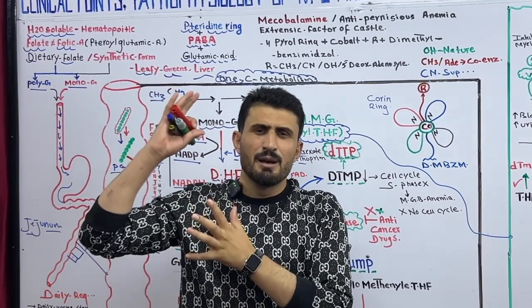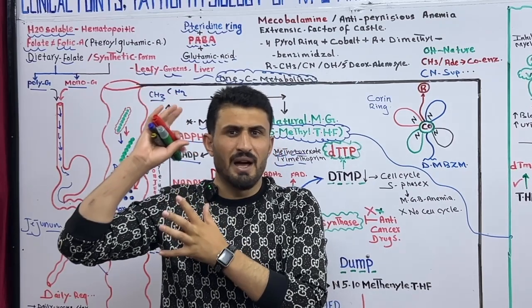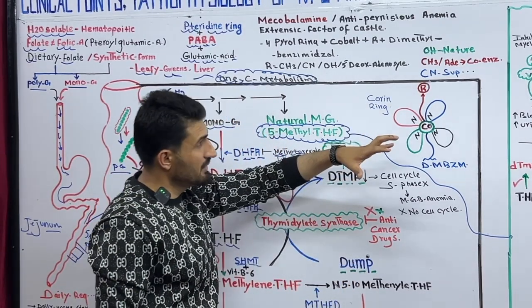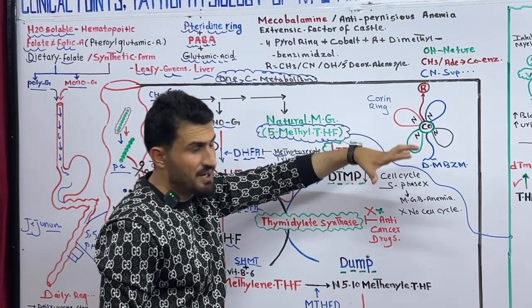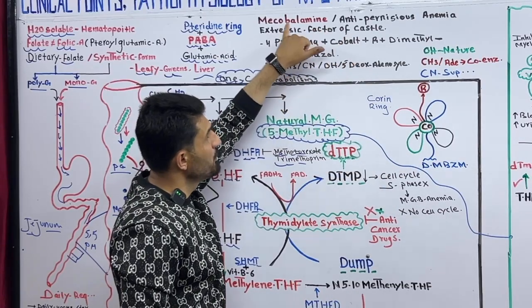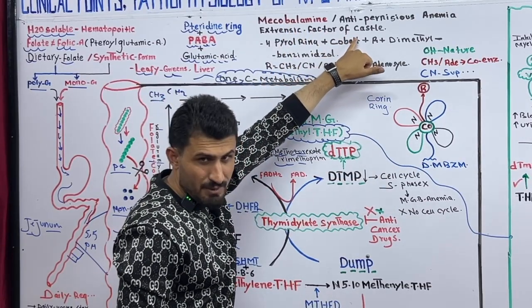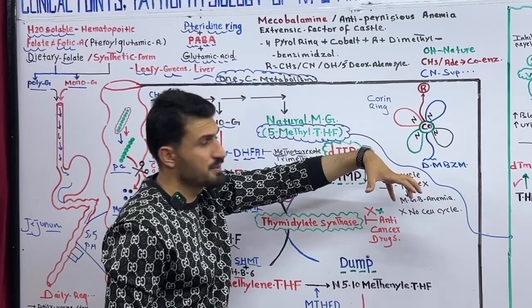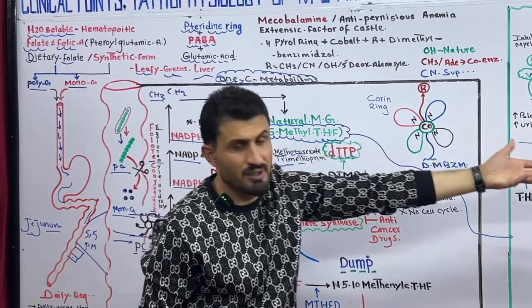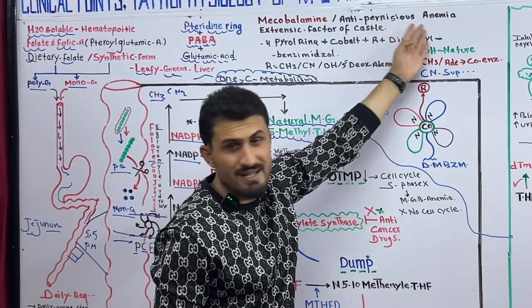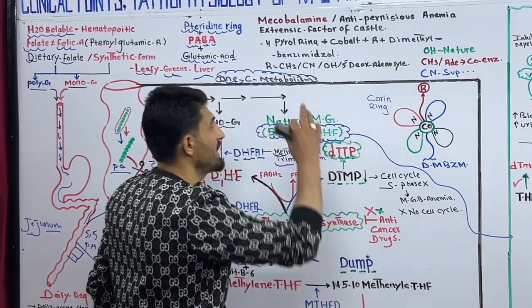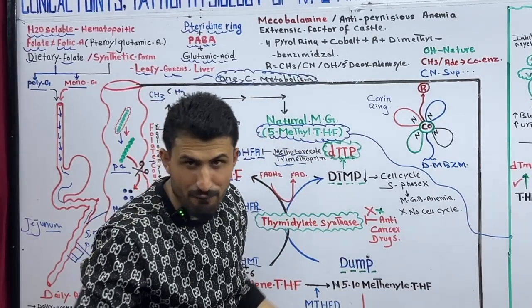So previously, doctors thought that when a person has mecobalamin or vitamin B12 inside his body, he will not develop pernicious anemia. That's why this is also called anti-pernicious anemia factor.